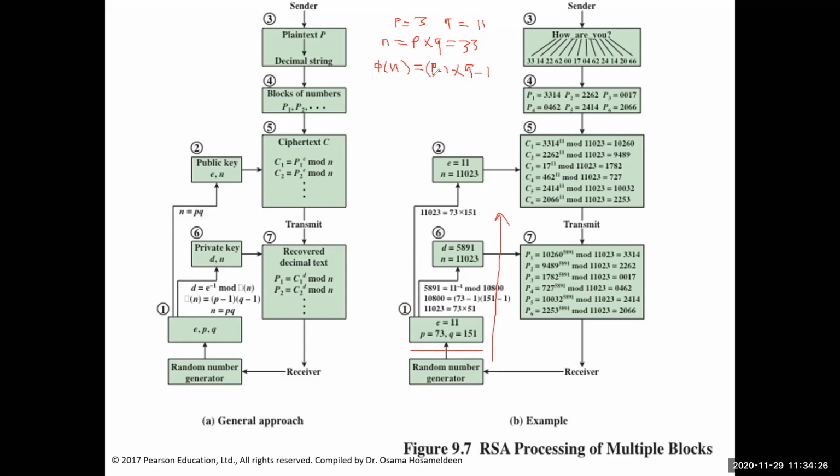Okay, but you keep brackets here. This is simply P minus 1, which is 2, multiplied by Q minus 1, which is 11 minus 1, 10. So the result 5n is 20.